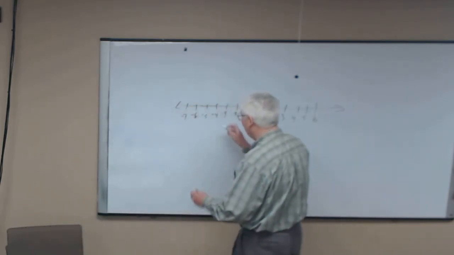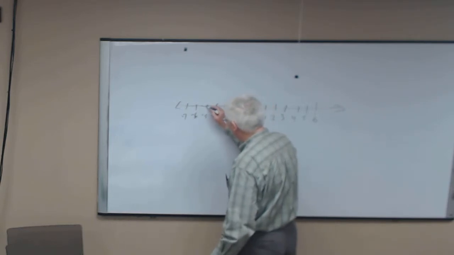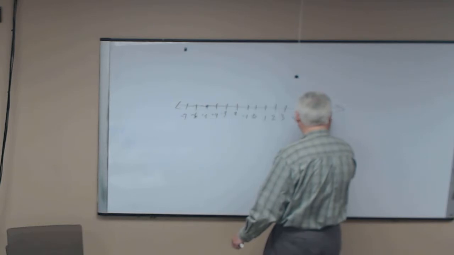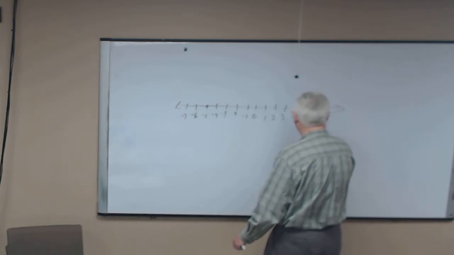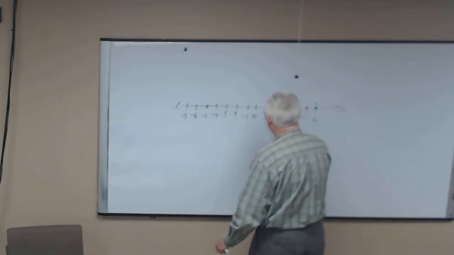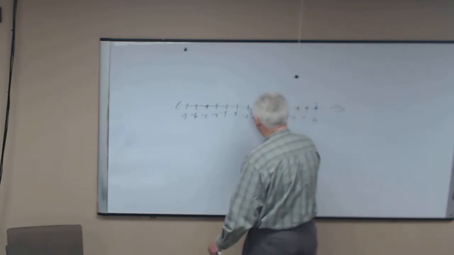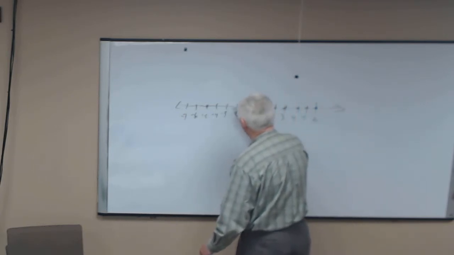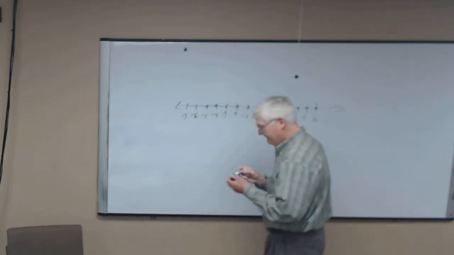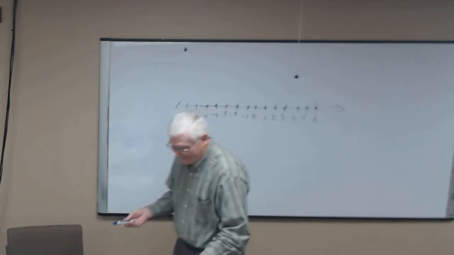So I want to include -5, and I want to go up to 6, and I want to include all the integers in between. So I just put a little purple circle on each one of those. Okay? And that's what it means to graph it.